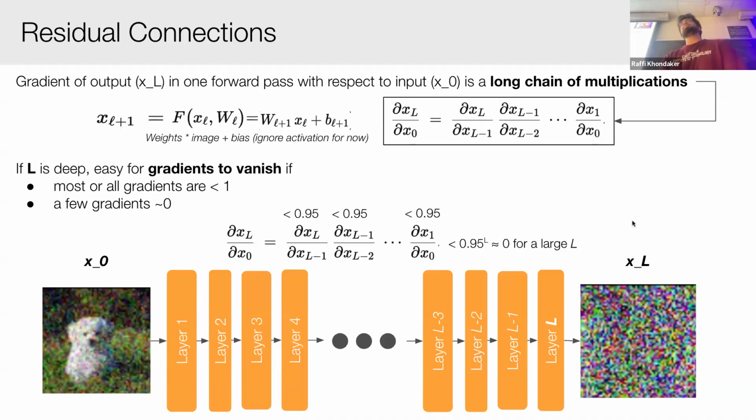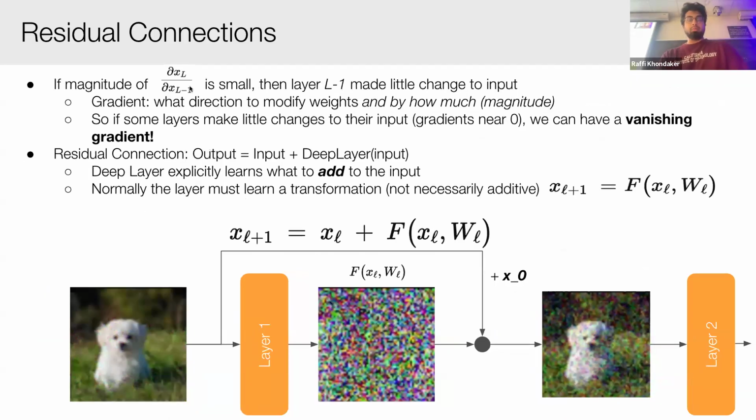This is more prominent in these image-to-image generation tasks. Because again, what does the gradient of a layer mean? The gradient of a layer is basically how much that layer has changed its output. So the gradient of XL with respect to XL minus one is how much layer L modified the image. With really deep neural networks, a lot of the layers might just not have much of an impact.